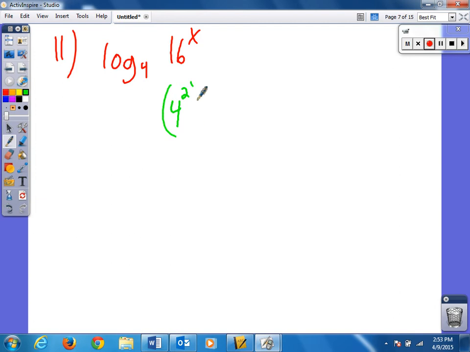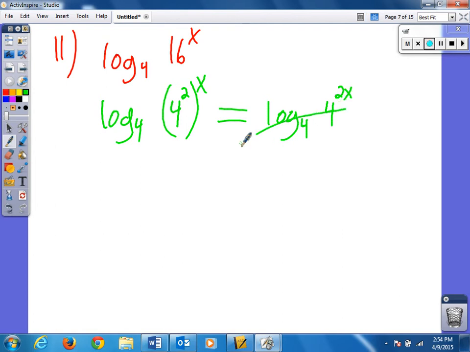We have 16 raised to the x, so we have 4 squared raised to the x. Okay. Using the exponent rules then we can say this is the log base 4 of 4 raised to the 2 times x. So then we have the log base 4 of 4 raised to some power. So the log and the base cancel each other out, and we're just left with 2x.